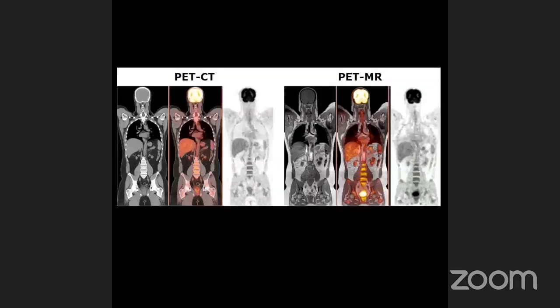Okay, so this is the usual practice now. You can see that the most widely distributed is the PET CT. This is actually a fusion between the CT images, low dose CT or sometimes diagnostic CT, and the PET images, and finally you get the fusion between them.